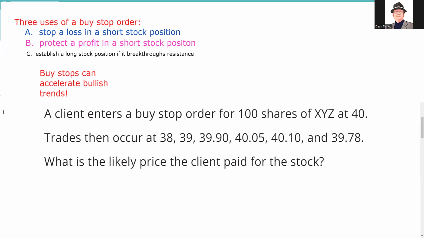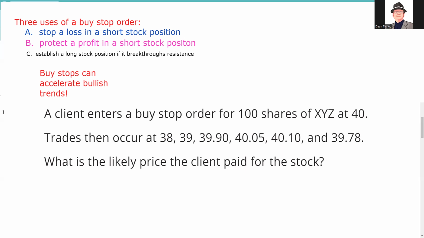This may or may not ever become a live order. What do I mean by at or through 40? There's no way on a number line to go from 39.90 to 40.05 without going through 40. So if it trades at or through, it becomes a live order, with immediate execution at the best available price. All right, let's look at what happens next.